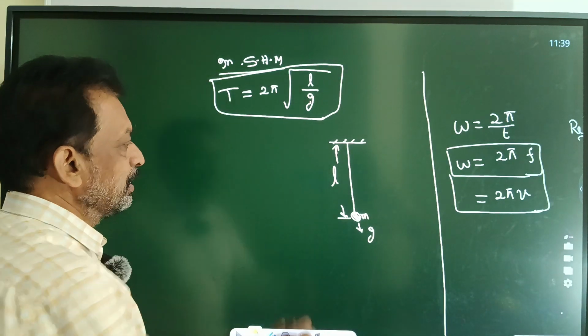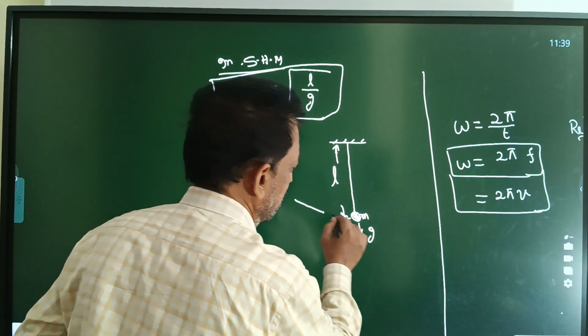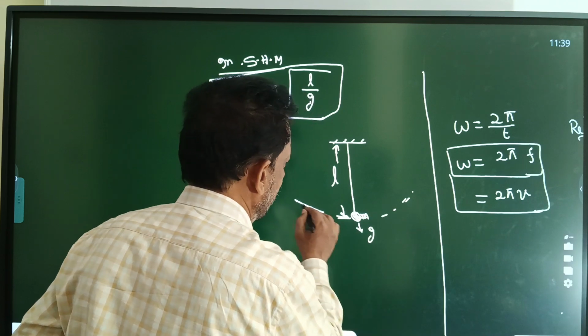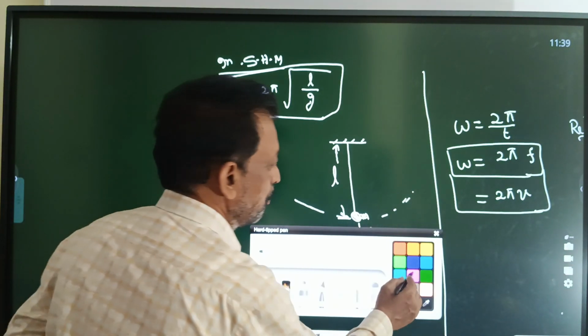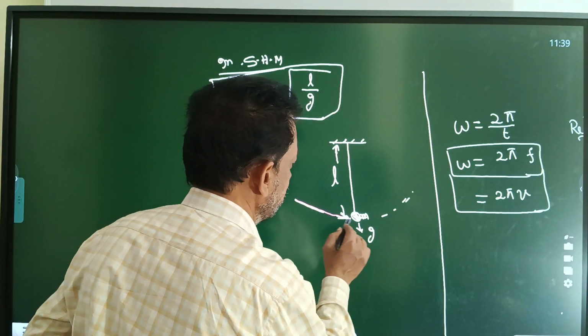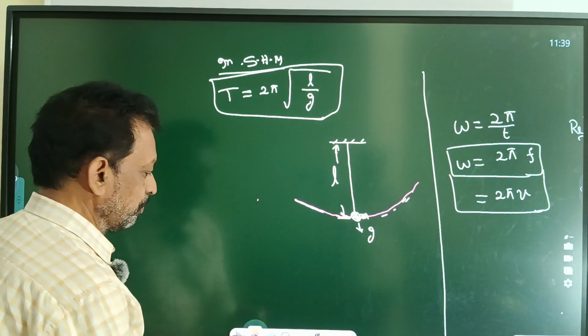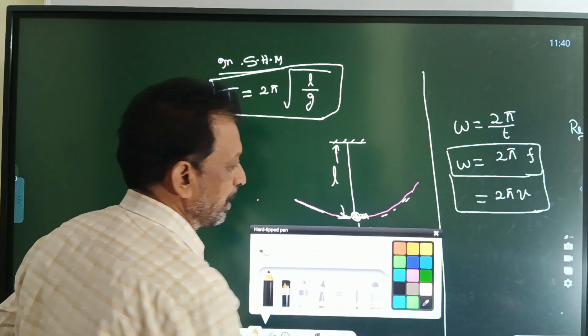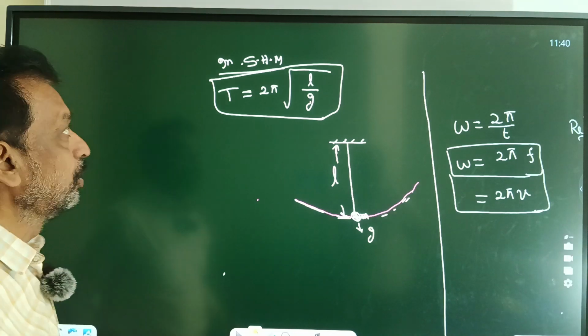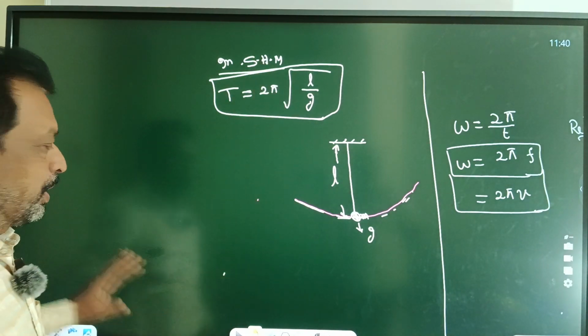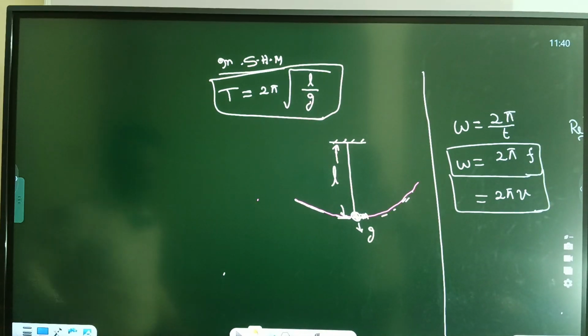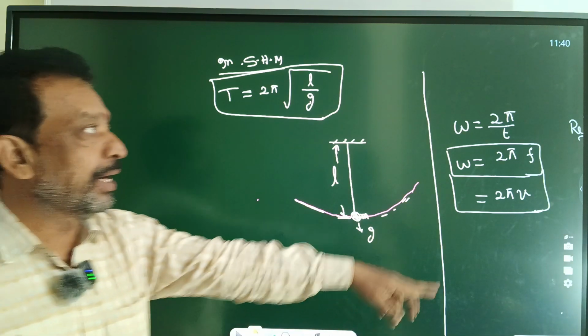Now, where is the simple pendulum oscillating? It is oscillating in a plane. The sum of the angles in a plane is 2 pi radian. This is the xy plane. You take the board, x axis, y axis: 90, 90, 90, 90.